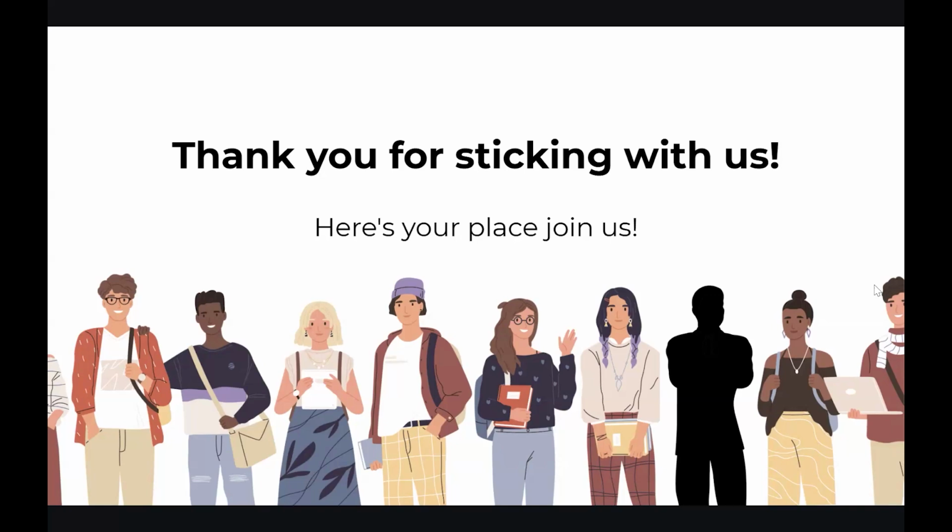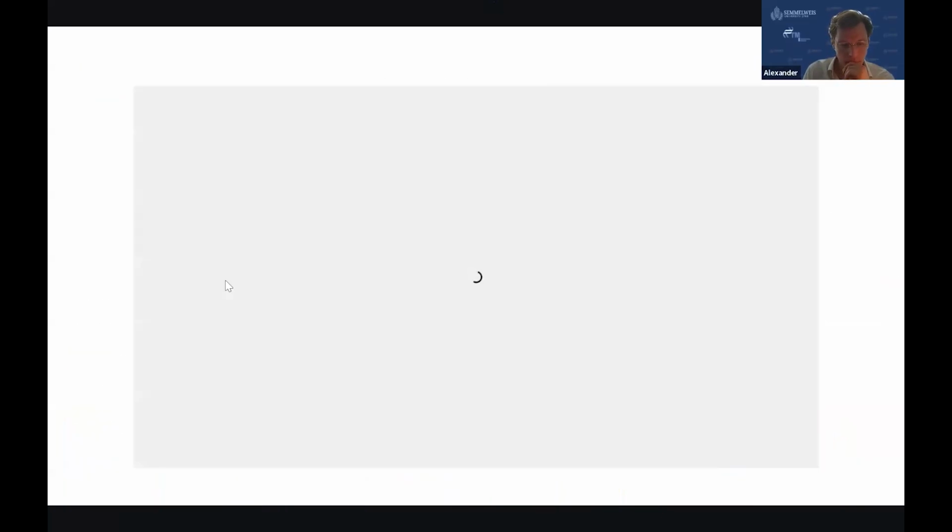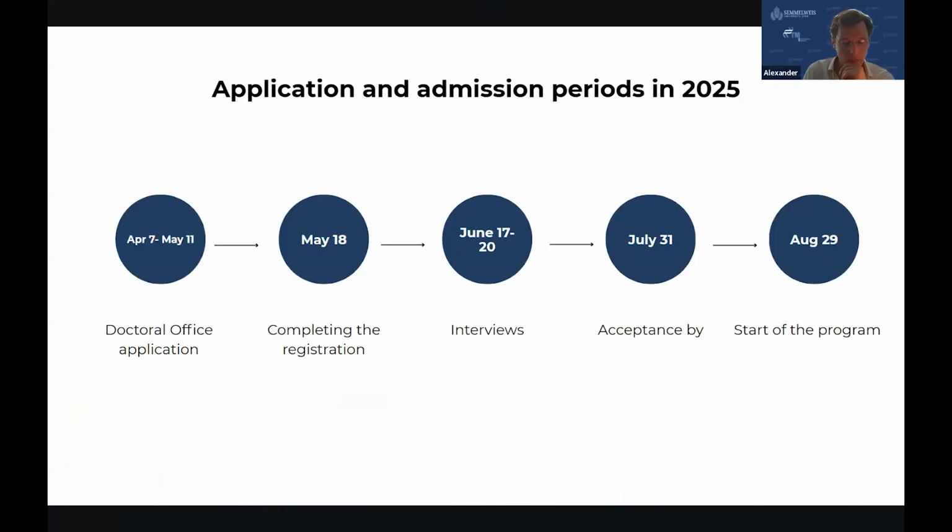Can you help me? What is the difference between the 11th of May and the 18th of May regarding the application? Yes, so in the first one, if you can go back, Alex, to this slide. Yes, this one. If somebody is applying for the Center of Translational Medicine, like this PhD or MD-PhD program, you also have to apply on the doctoral office website that we just showed you, as well as how the whole procedure is going and what kind of information you have to give.